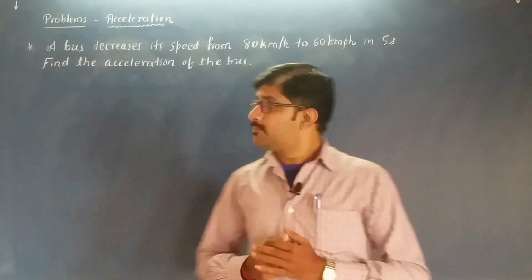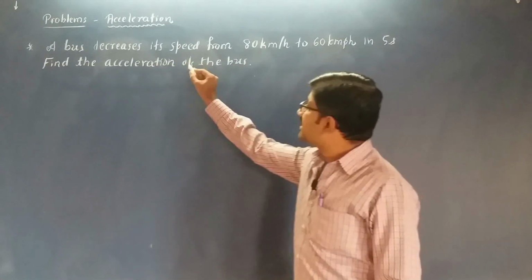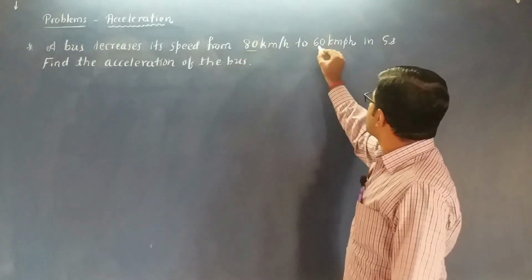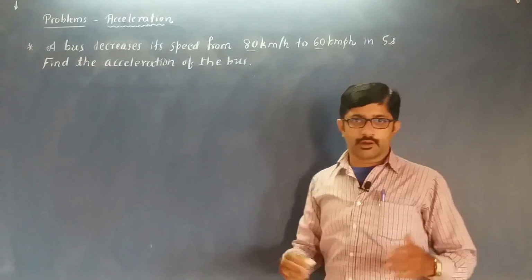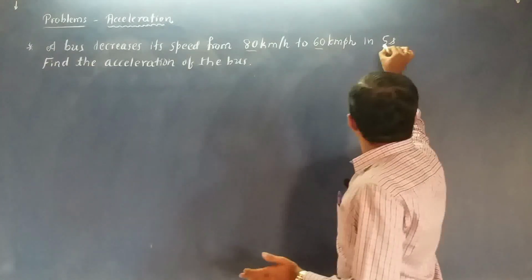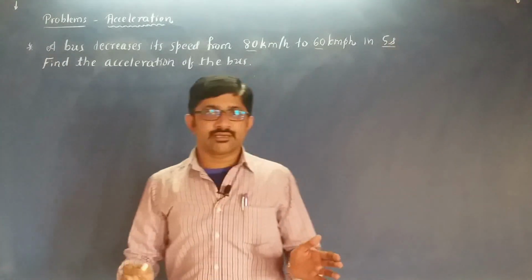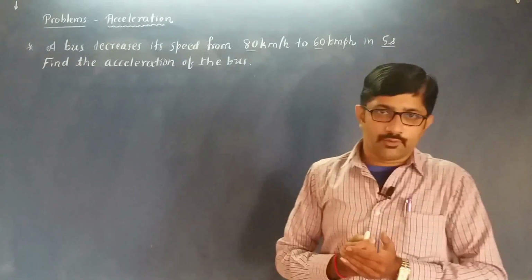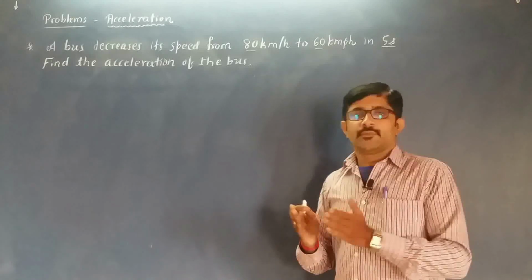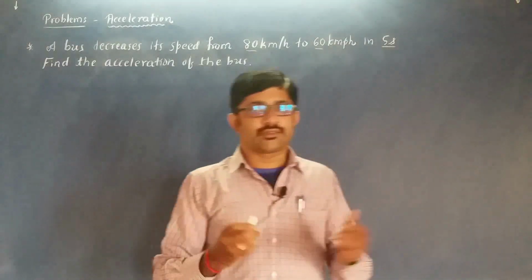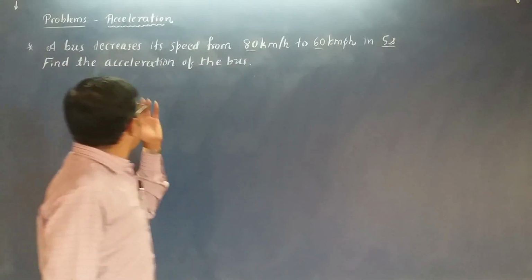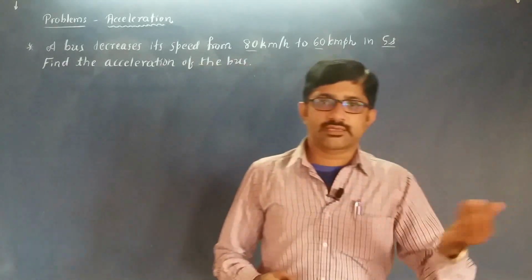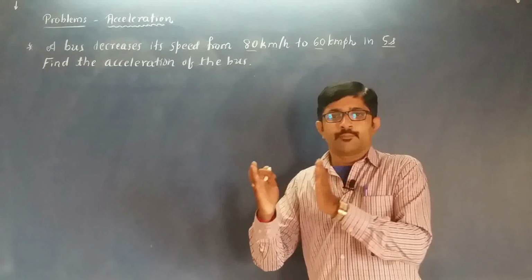Second problem. A bus decreases its speed from 80 km per hour to 60 km per hour in 5 seconds of time. Find the acceleration of the bus. What will be the acceleration of the bus at that period?